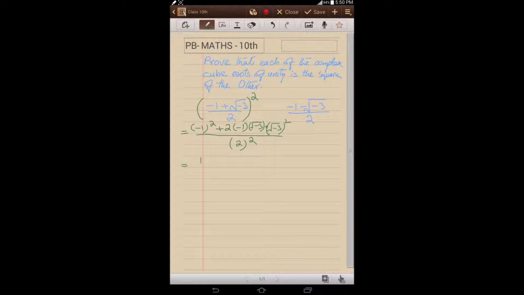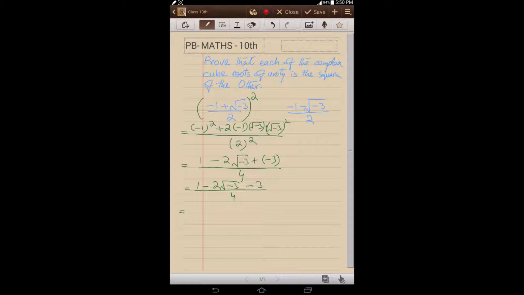This is 1 minus 2√-3 plus -3, divided by 4. Then we can write it as 1 minus 2√-3 minus 3 divided by 4.